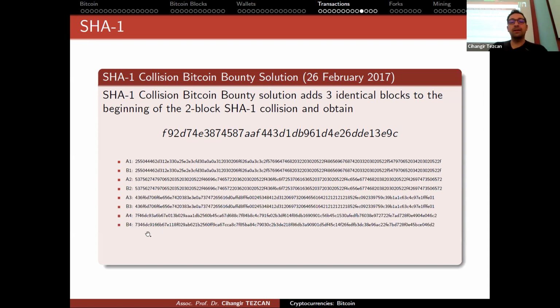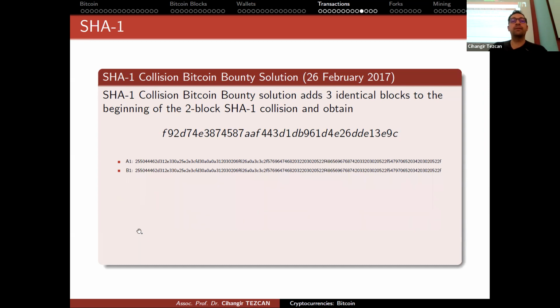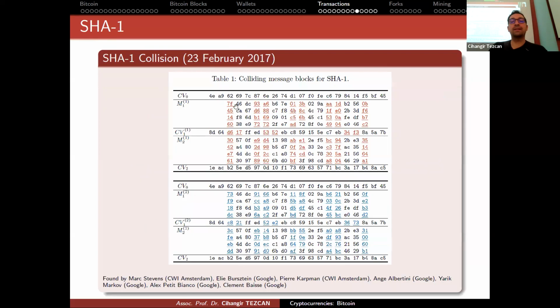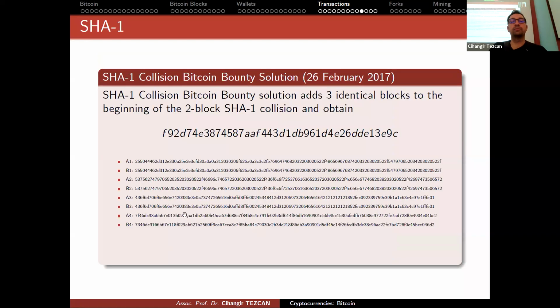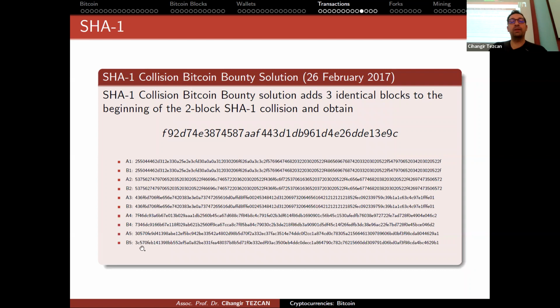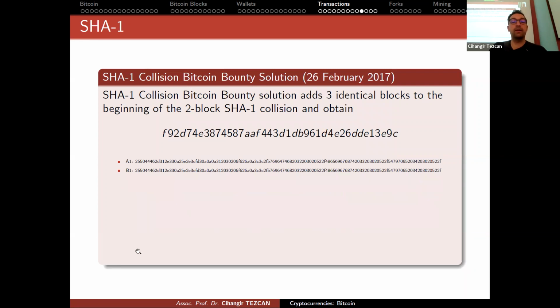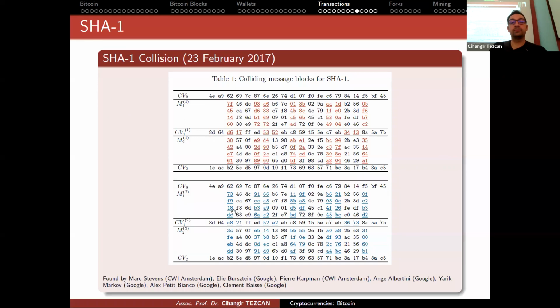Now here, there is something different. As you can see, this one starts with 7F and this one starts with 73. If we go back, as you can see, 7F is here and 73 is here. So they are using this block for A4 and B4. And for A5 and B5, as you can see, it starts with 30 and 33C, and it is here.